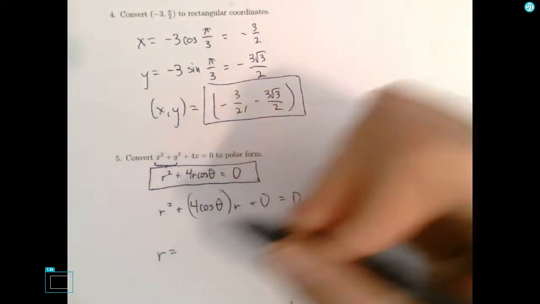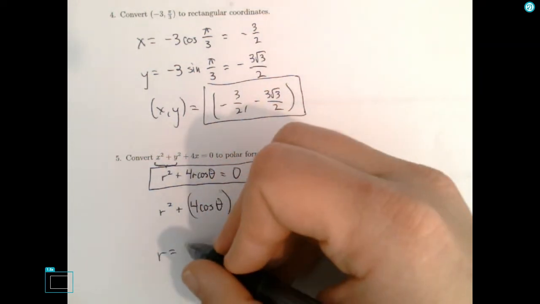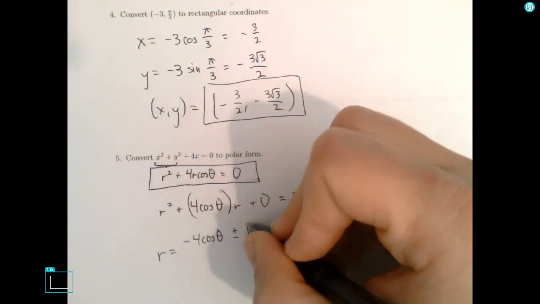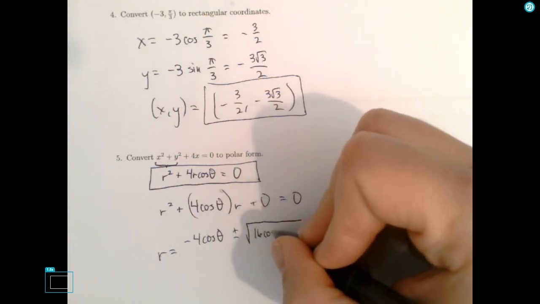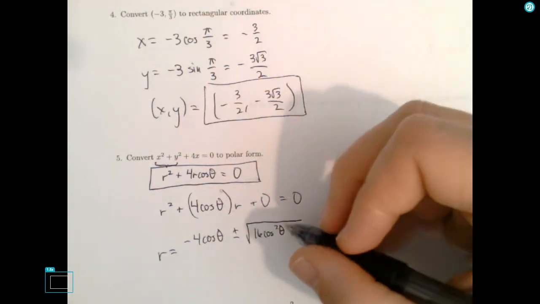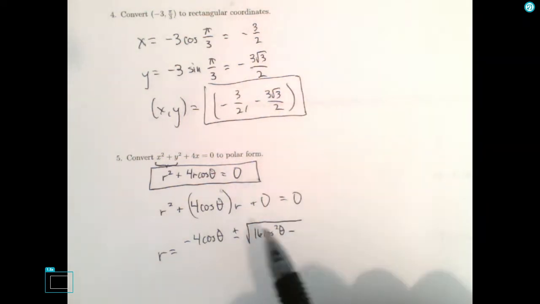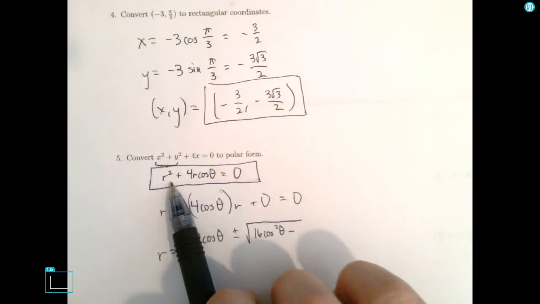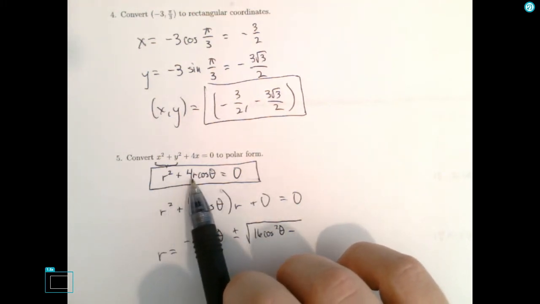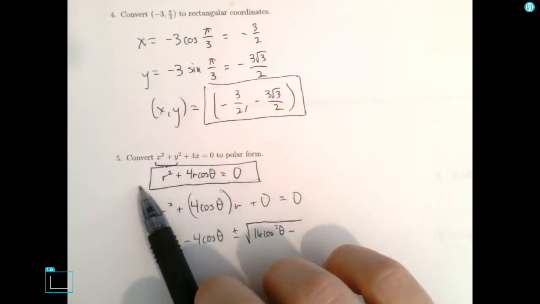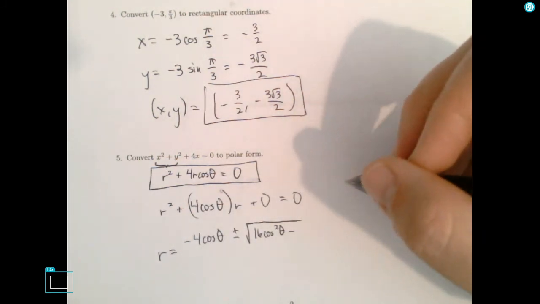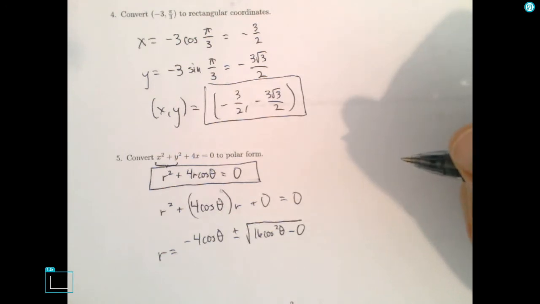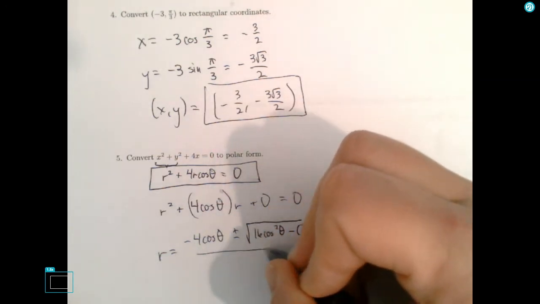You can say r equals -b plus or minus the square root of b squared minus 4 times a times c. Is there an easier way to solve for r? Well, there is, right? You could just factor out an r and then say r equals 0. Oh, okay, better yet. I mean, we can finish it this way. 4 times a times c would just be 0, over 2a.